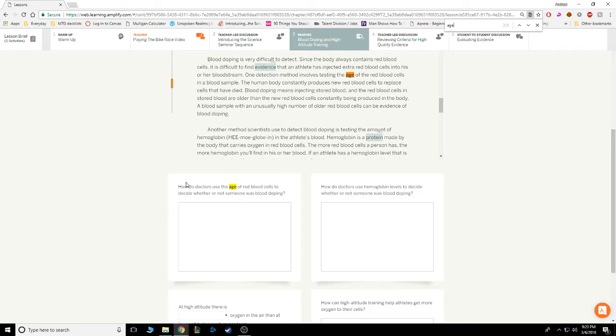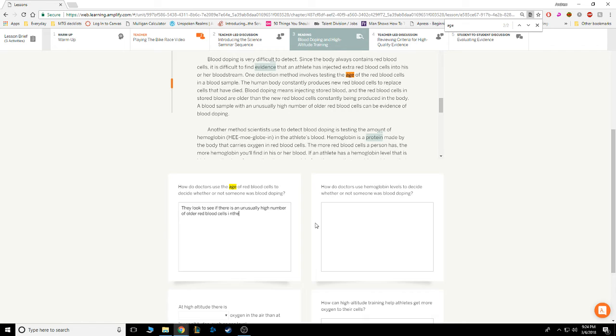Let's go back to the question. How do doctors use the age of red blood cells to decide whether or not someone's blood doping? Alright, well, from reading this and reading the question, I understand. They look to see if there is an unusually high number of older red blood cells. Because remember, if they're older, that means they came from farther back, which means that they were pulled out at an earlier date and then put back in later.